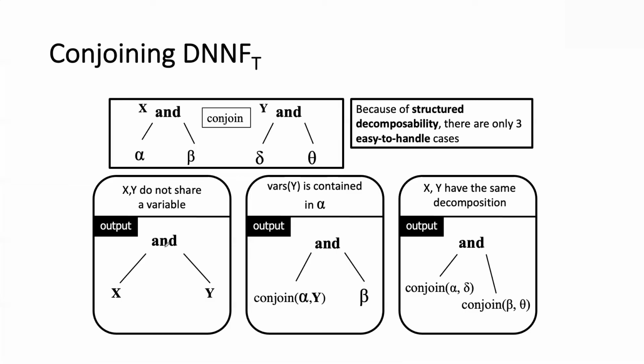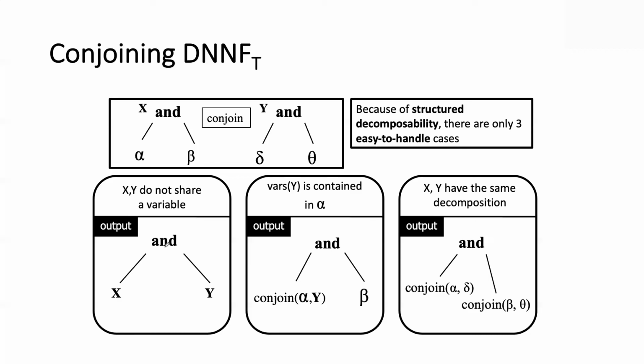That's fine. I just want to give you the feel of what's going on here. It turns out that this algorithm has quadratic complexity. If the first circuit has size n and the other has size m, it's basically big O of n times m. You can conjoin two structured decomposable circuits in quadratic time, and the result will be a structured decomposable negation normal form circuit.